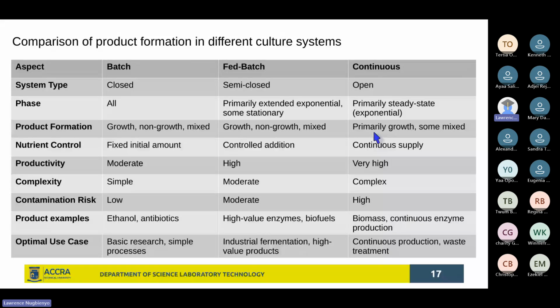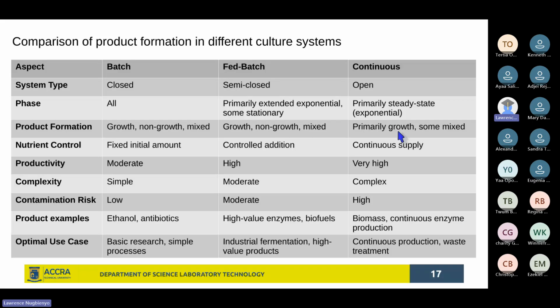But here again, because you keep introducing more and more of the medium, the more cells are growing, and the more the stationary phase is extended. So here too, you can have some products related to the mixed product formation system, and some with a growth stage rather than the stationary phase.